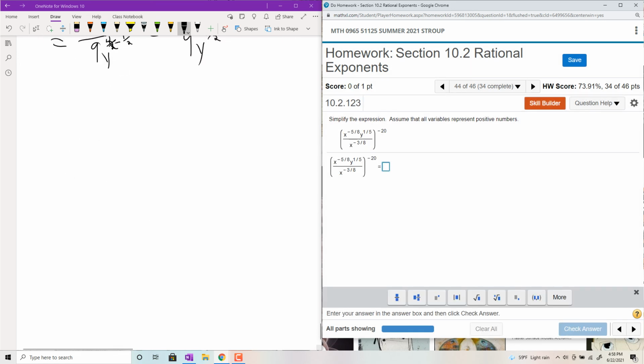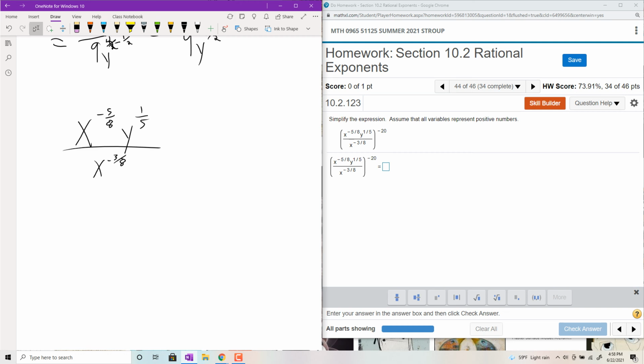So let's take a look at this guy. Okay. I'm going to go ahead and just distribute the negative 20 this time. So the first one would be positive 5/8 times 20, so it'd be 25 halves.